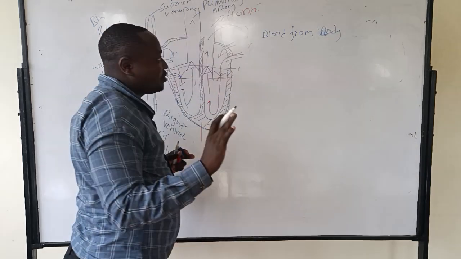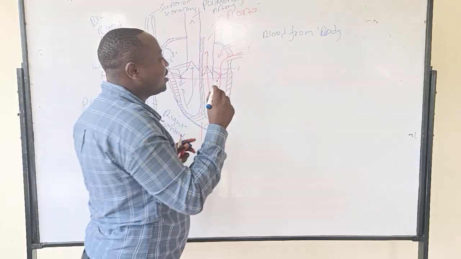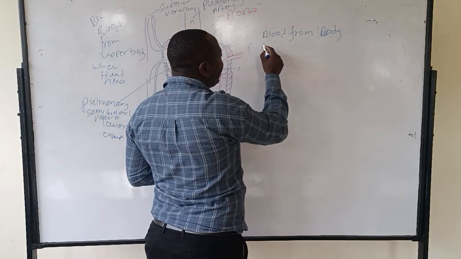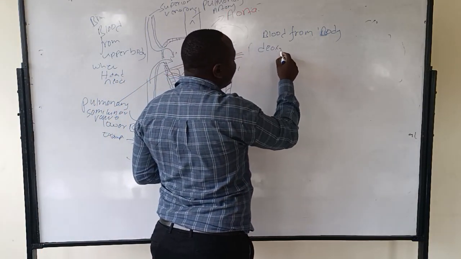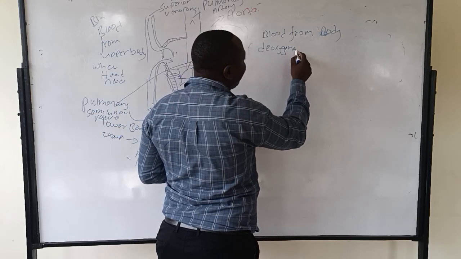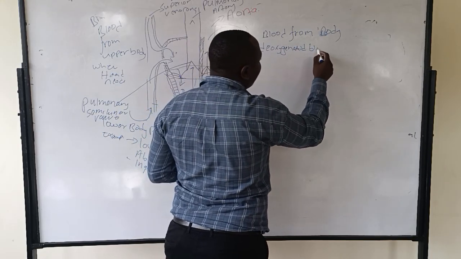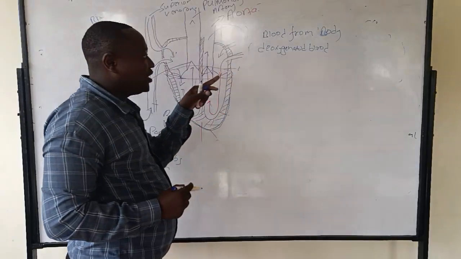So what I need us to do is just a summary. The first thing that we know is that from the body we have the deoxygenated blood.